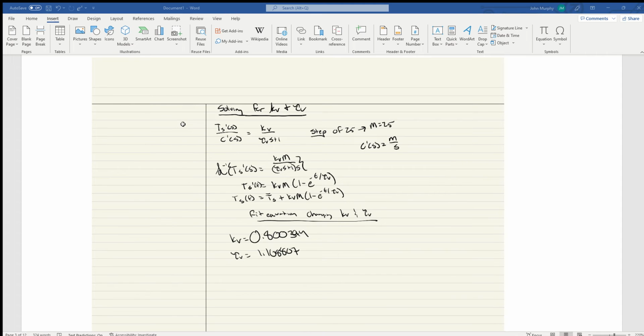We have the steam calculated, which would be the same equation listed right here above, with Kv, tau v, M, and Ts bar. Then we used Solver to find Kv and tau v to minimize the difference between the calculated steam temperature and the measured steam temperature. We got that under 0.31 or 32, so it is a pretty good estimate of Kv and tau v.